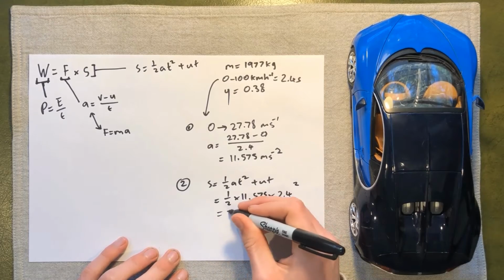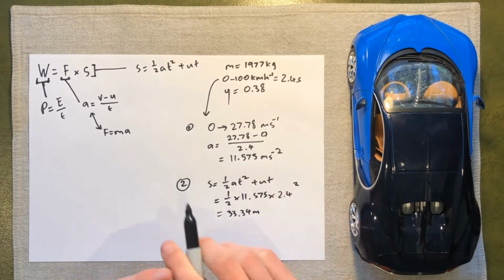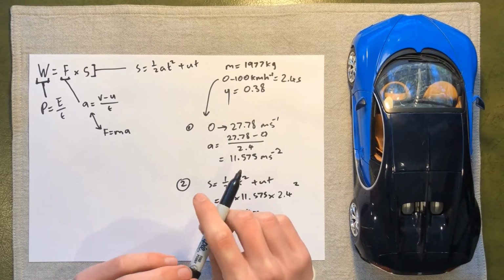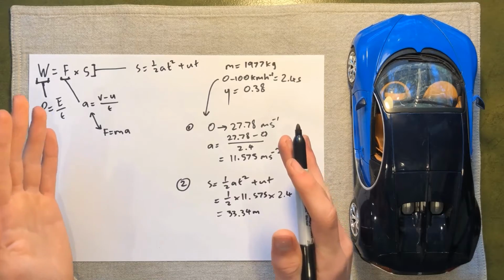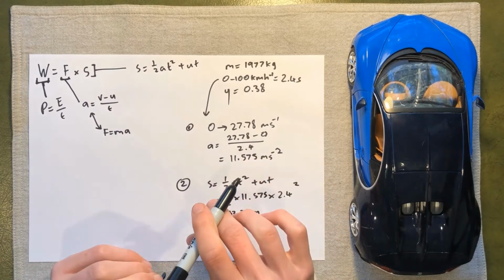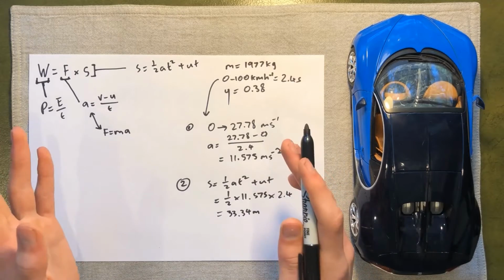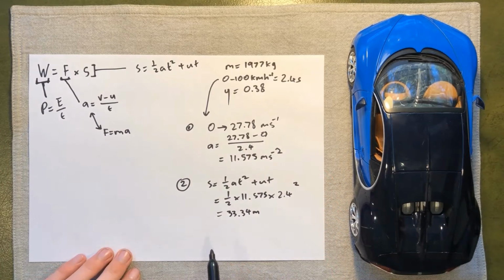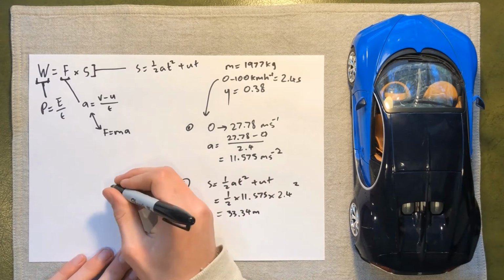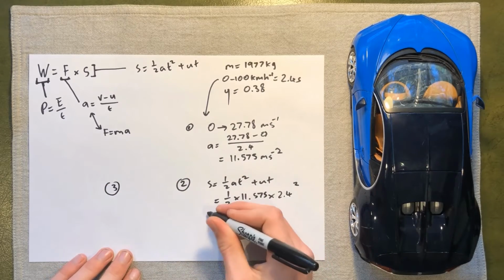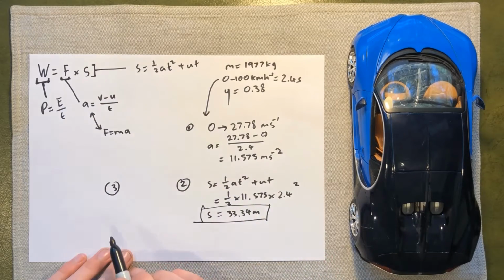And that's going to give us a tiny distance, 33.34 meters, which, if you imagine a 100 meter running track, you're only really going to reach a third of that before the car's already at 100 kilometers per hour, which is insane. So we've calculated S. We now just need to look at F. So we'll go back to step 3. We've calculated S, and we'll come back and use this later.